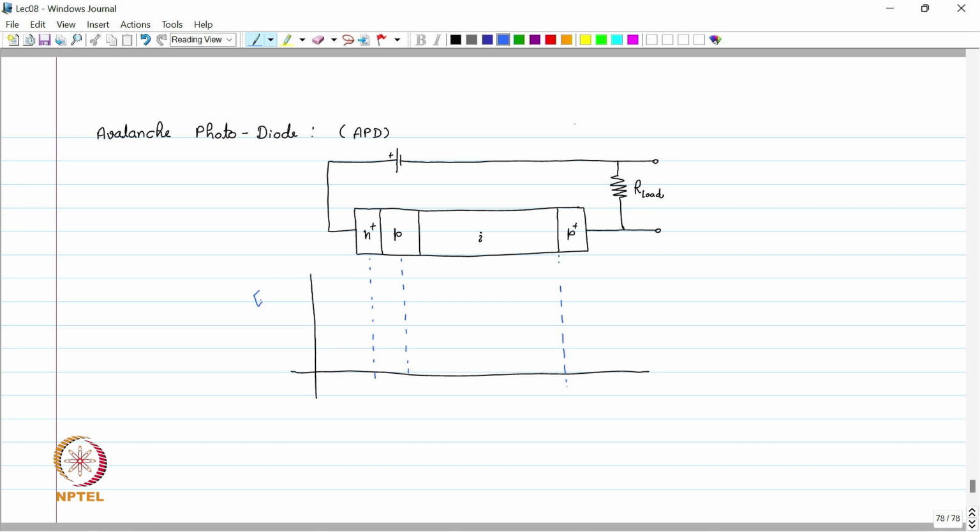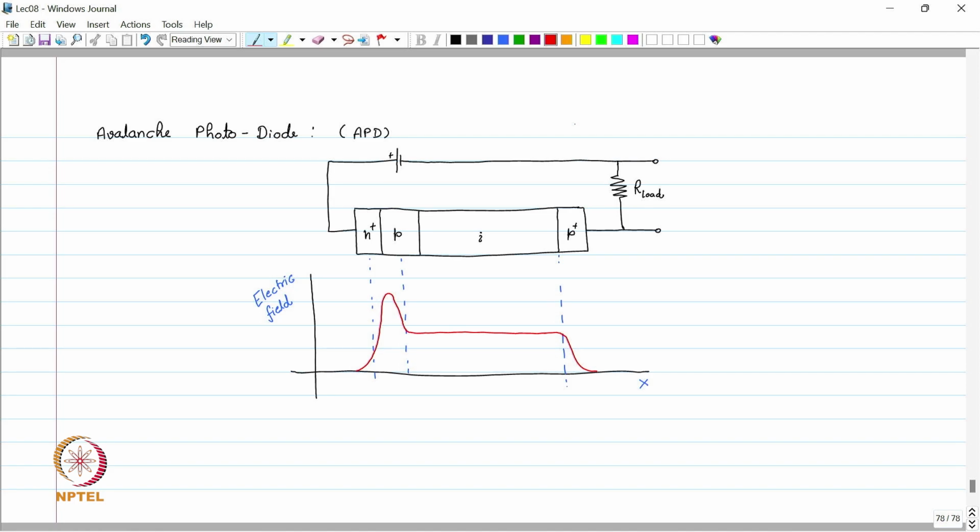This is the electric field with respect to x, which is the distance across this device. We have a peak at this point, and then there is a constant field profile, because in the intrinsic region the potential will drop linearly, and then we have it like this.